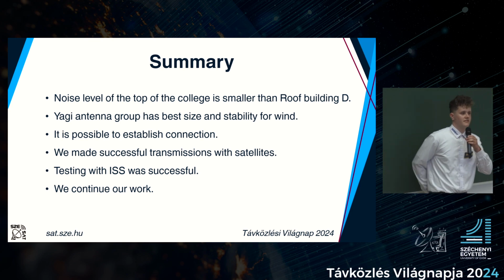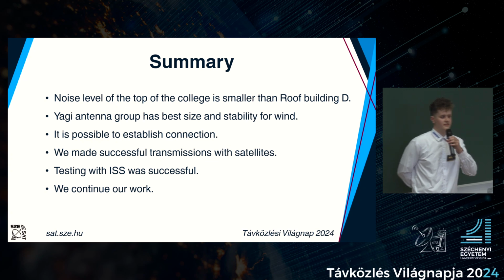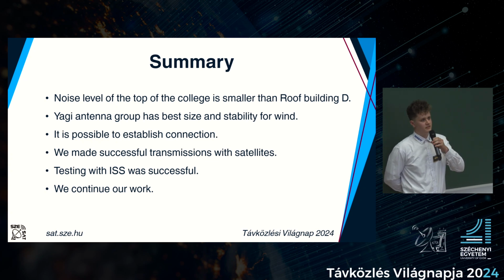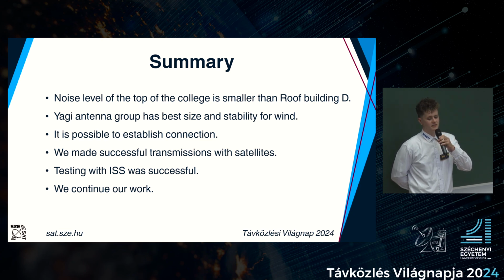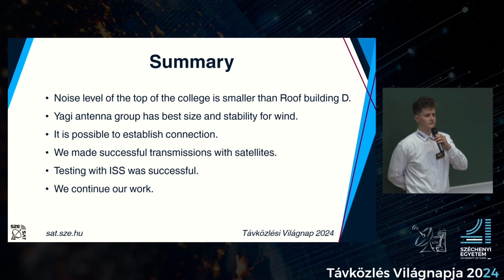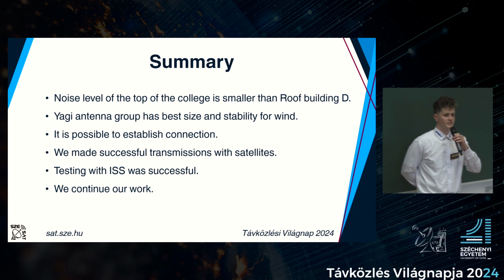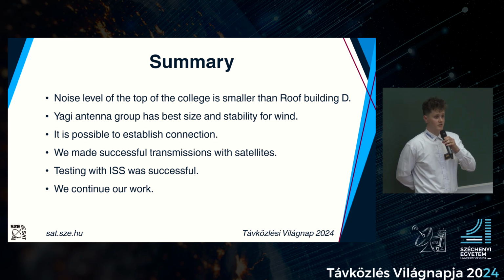Our summary is that the noise level on top of the college is much smaller than on the roof of D. I haven't told you, but the roof of the radio amateur club is on top of the college. A Yagi antenna has the best size and stability against the wind for us, since on top of the college we don't have much space to use parabolic antennas.